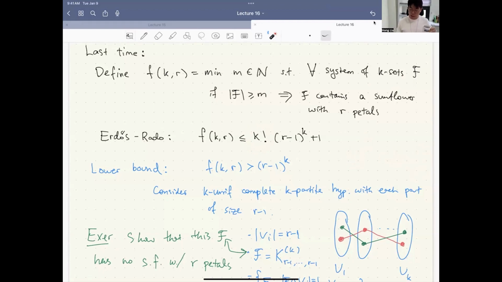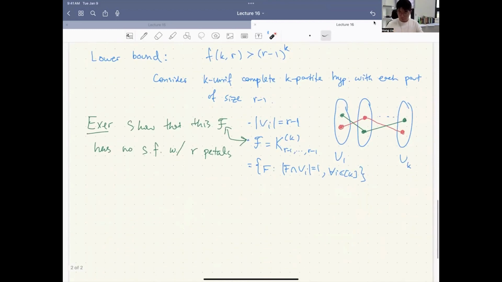One of the major conjectures is that the lower bound is closer to the truth. Let me write it down. This is Erdős and Rado's sunflower conjecture.